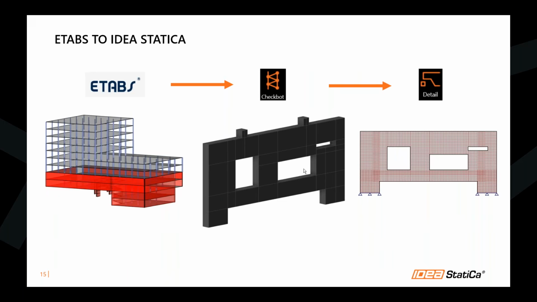That's why on the next slide, I would like to introduce the concept of B and D regions, so you can better understand the need to study this transfer wall in more detail in our application, IDEA StatiCa. Why is it even needed?